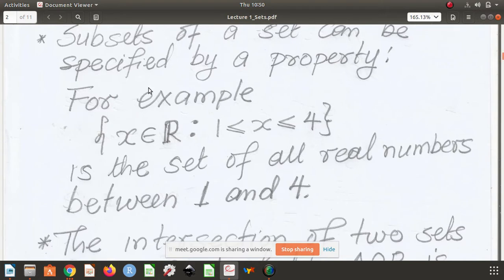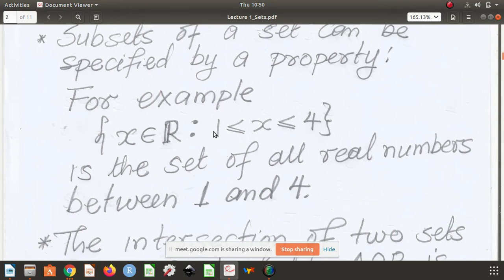So you can define a subset of a bigger set using some property. Here you will use a curly bracket to enclose your set, and inside here you will have the first statement saying where the objects are coming from. So here we are saying we are picking elements from this set of real numbers, all elements in this set of real numbers which satisfy this property.